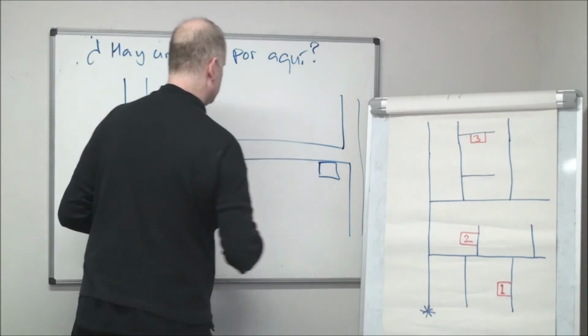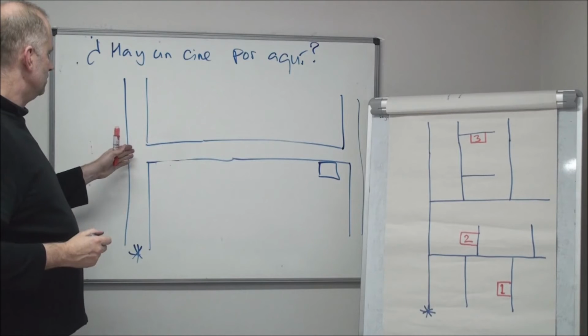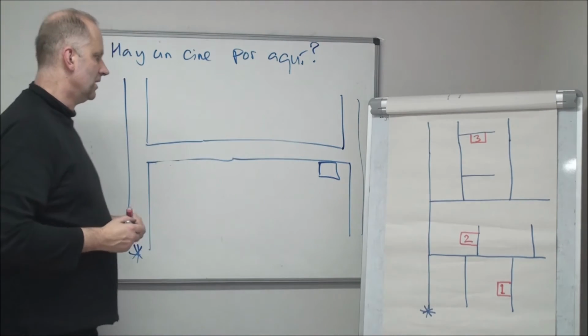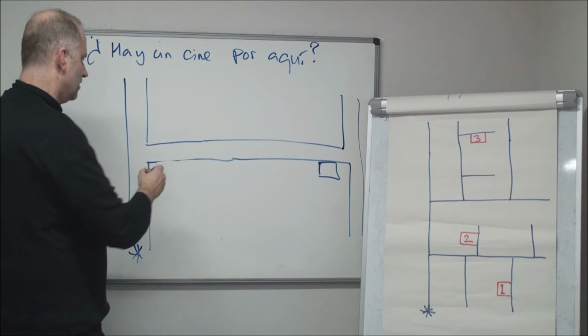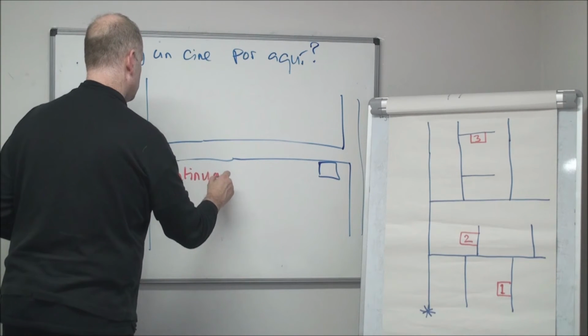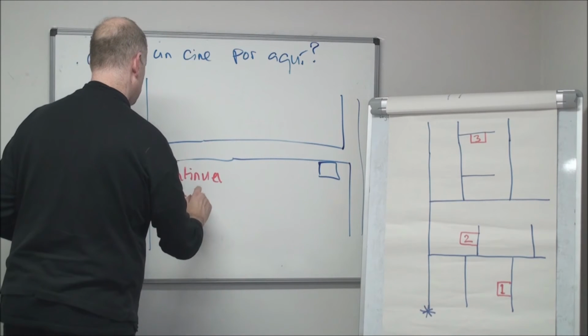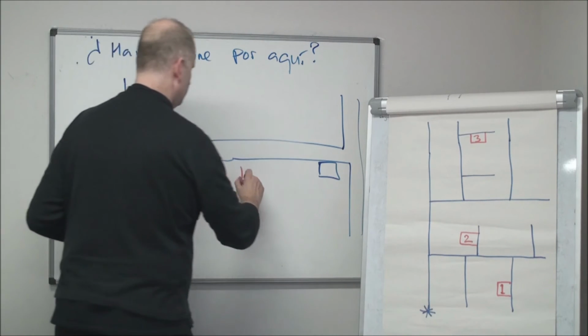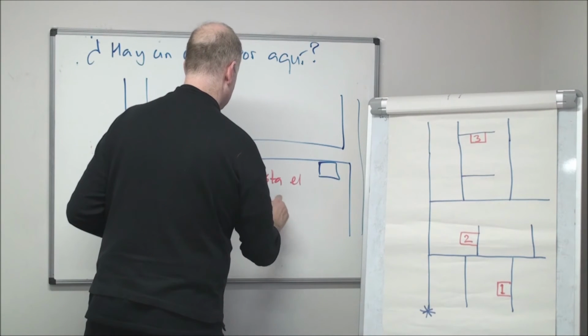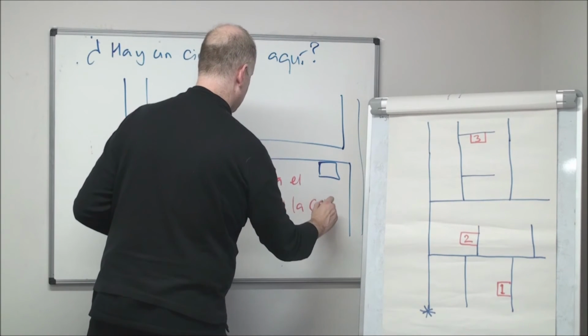You could say go straight on, take the first right, continue to the end of the road. So you would say continua, or sigue, and then you'd say hasta el final de la calle.